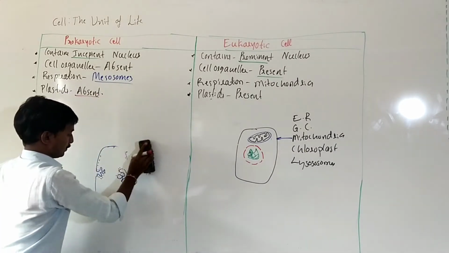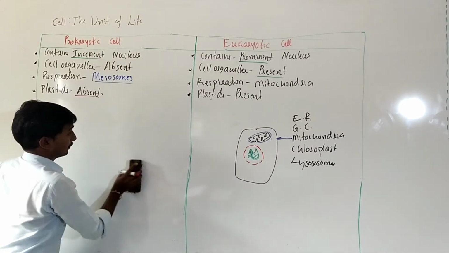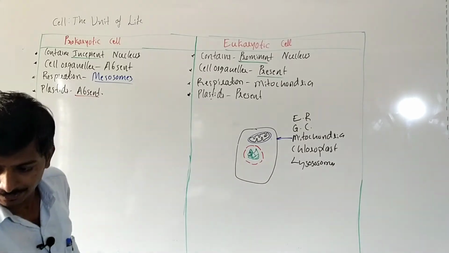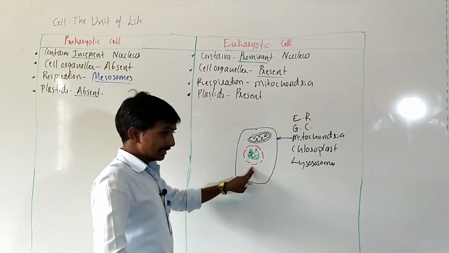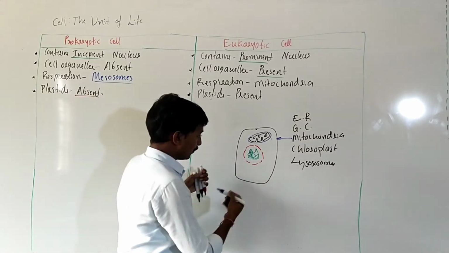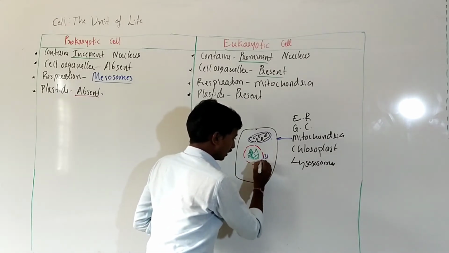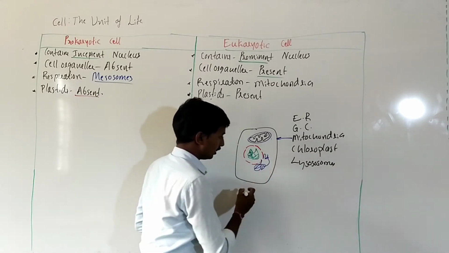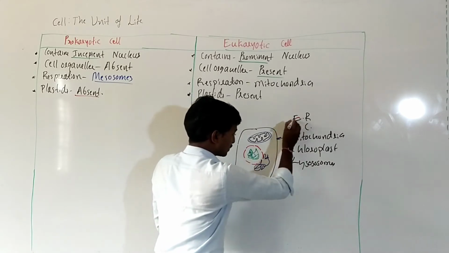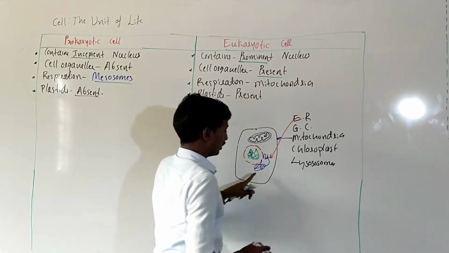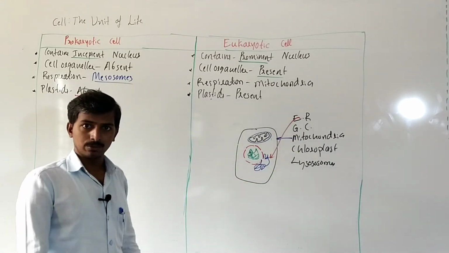Plastids are absent. Then, on the nuclear membrane, we have an organelle called the endoplasmic reticulum.